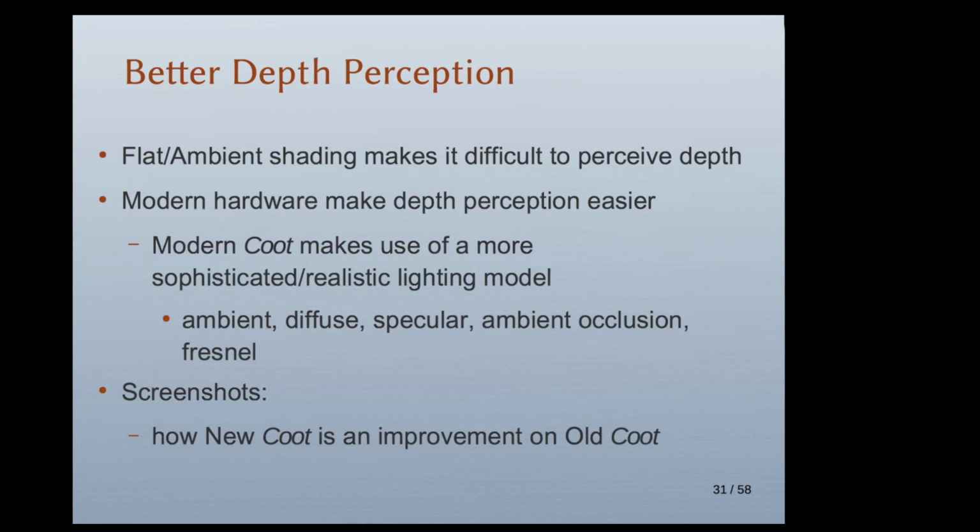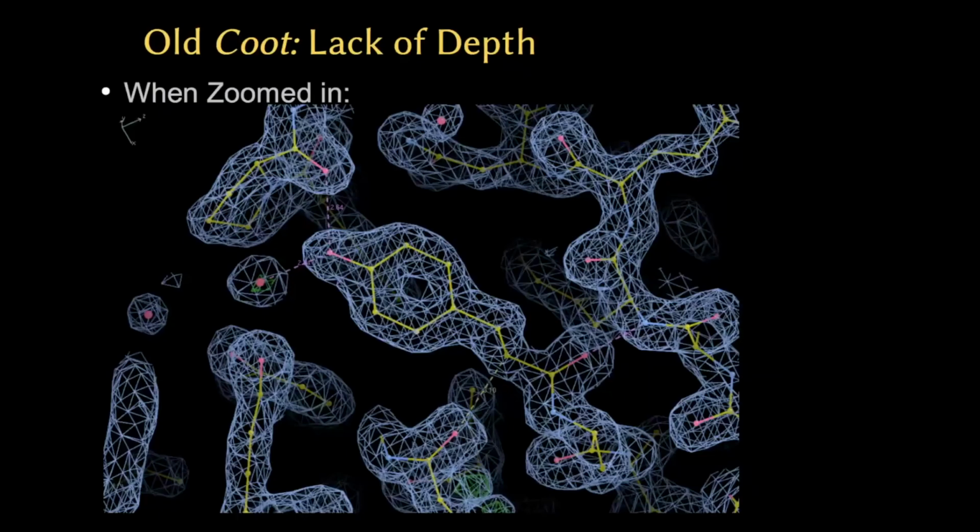So I've got some screenshots of how new Coot is an improvement over old Coot. At least I hope to show you that that is the case. When we're zoomed in, the lack of depth really is not so terrible.